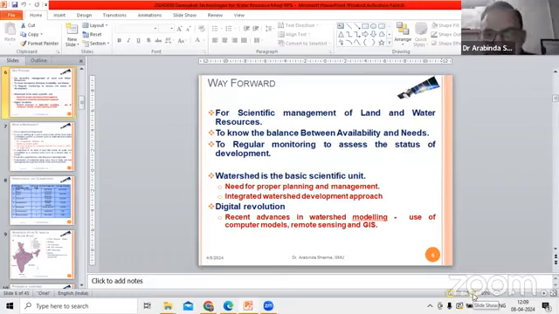It is a naturally defined boundary in which all the excess water falling in that region flows through a system of channels and leaves that boundary through a single outlet, and that we call a watershed, right? So a watershed is a naturally defined boundary. First thing you have to understand is that it is naturally defined.